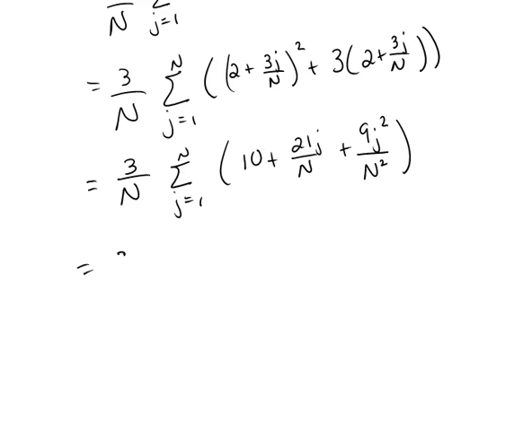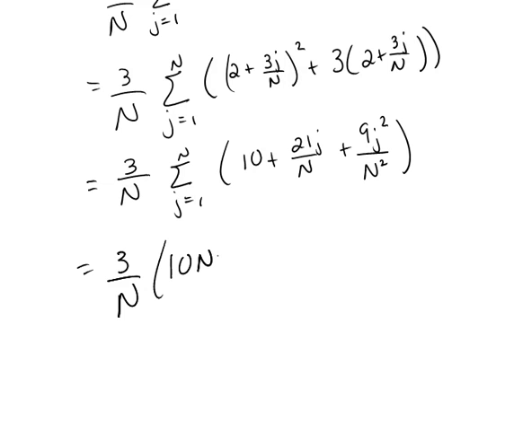Okay, so then this is going to be 3 over n. Now, you can distribute the summation through, and you can take out what is a coefficient in front. So remember, the sum of 10, n times, is just going to be 10n.